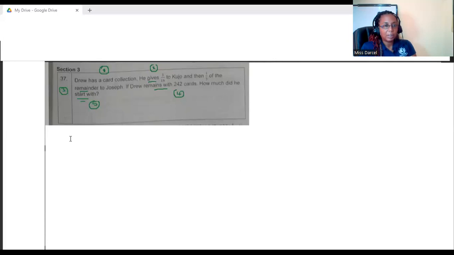That means we're going to use the denominator. So of his total card collection, he gave 5/16 to Cujo. So we can deduce that his collection started out with 16 out of 16.